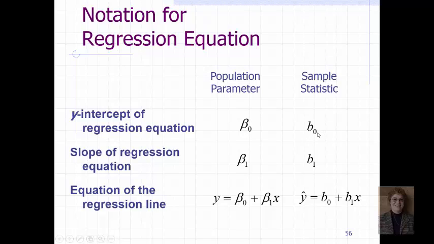Our sample statistic is b sub 0. Our slope of the regression equation for the population is beta sub 1, and for the sample line it is b sub 1. So y equals beta sub 0 plus beta sub 1 x is for our population, and then here is what we're going to use for our sample statistic.